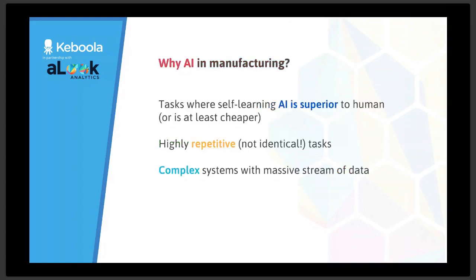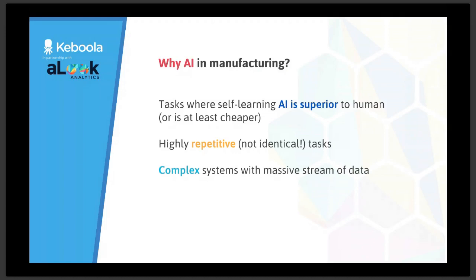There are also reasons why AI is successful in manufacturing, and this is really the cutting edge of what the leading manufacturers are doing right now. Thanks to the advancement in computational power and algorithms, and new ways to solve standard tasks related to images and unstructured data, there are many tasks where self-learning AI proved to be superior to humans, or at least equally well performing, but operating at a fraction of the cost.